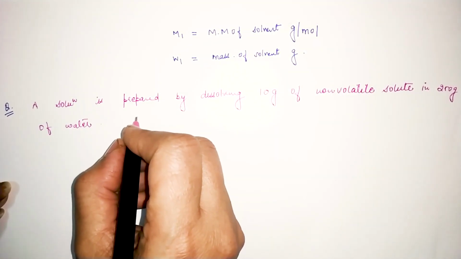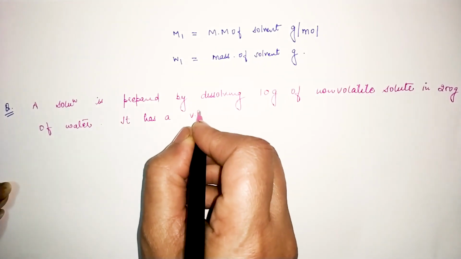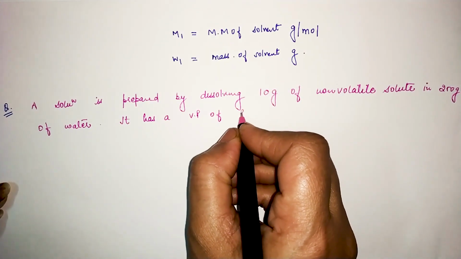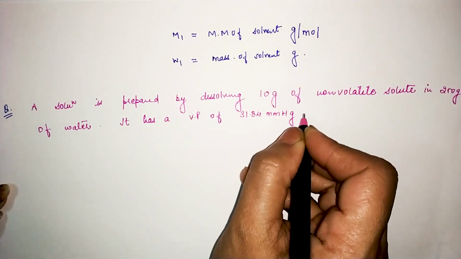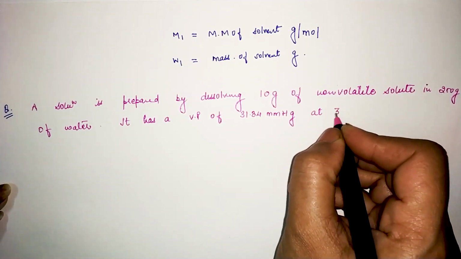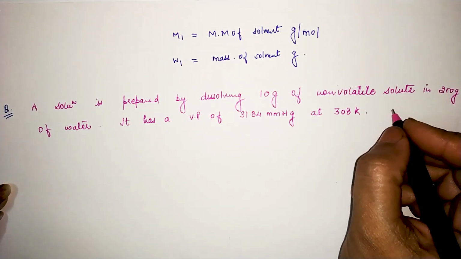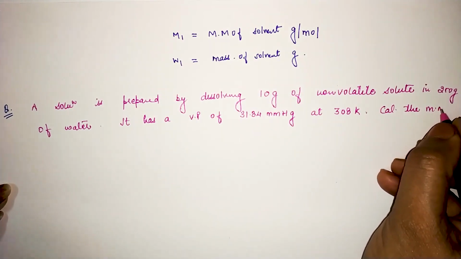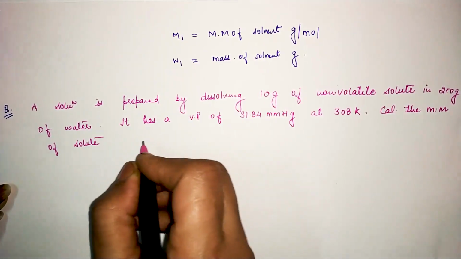It has a vapor pressure of 31.84 mmHg at 308 Kelvin. Calculate the molar mass of solute.